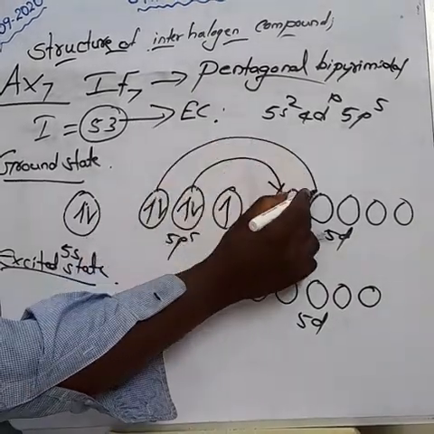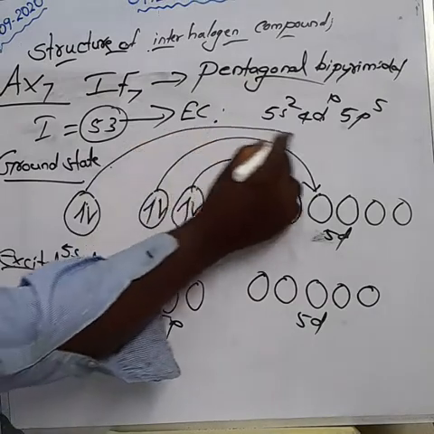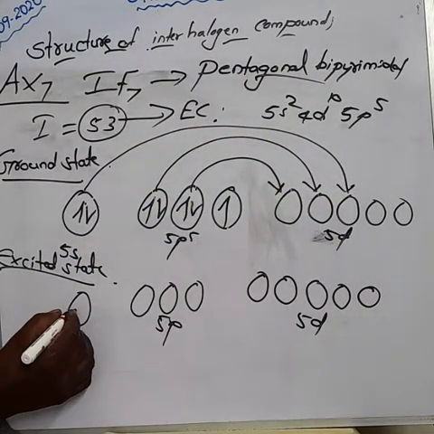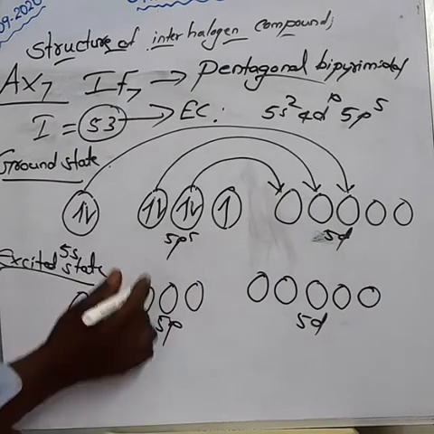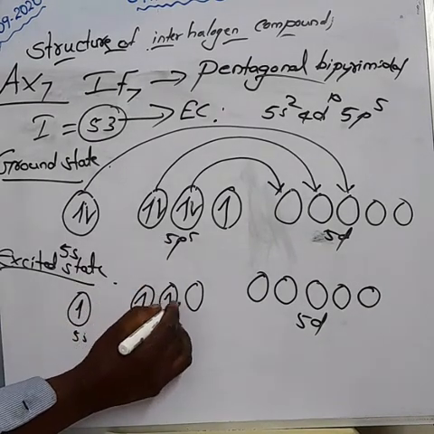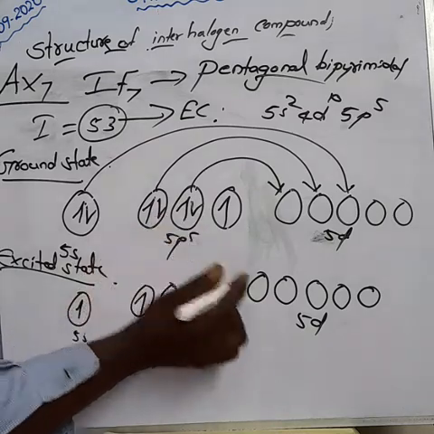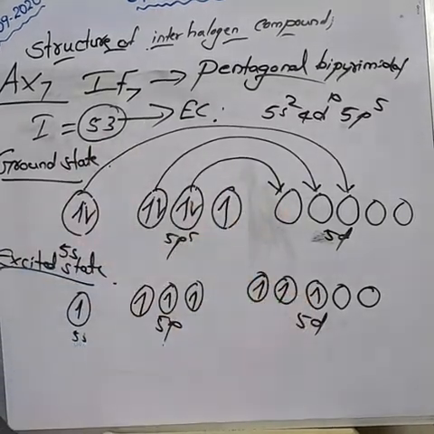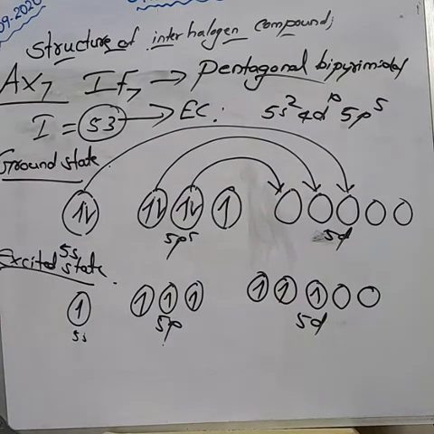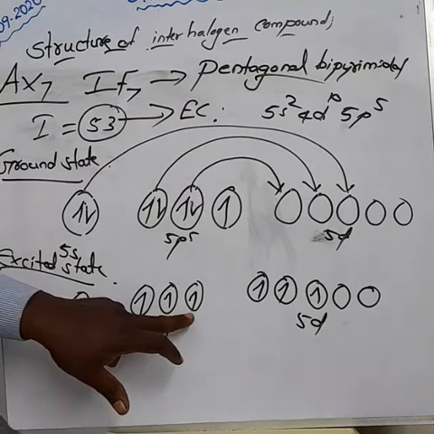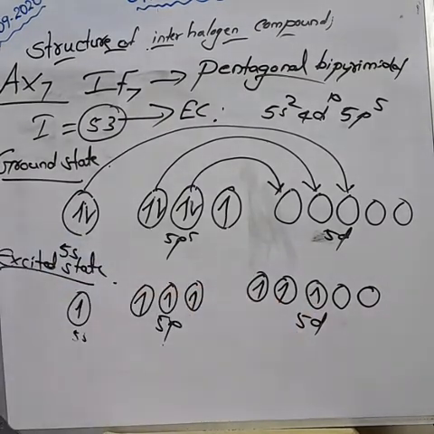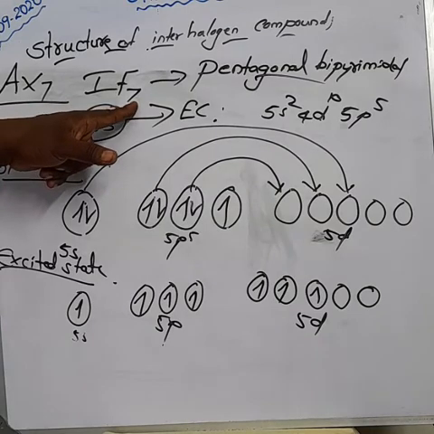Here to here only jumping, am I right? And here to here jumping. So please say the electron occupation. Here only 1 electron, here also 1 electron. These electrons are jumping. So here, how many vacancies are there? 1, 2, 3, 4, 5, 6, 7. 7 vacancies, so 7 fluorine atoms can be attached there.